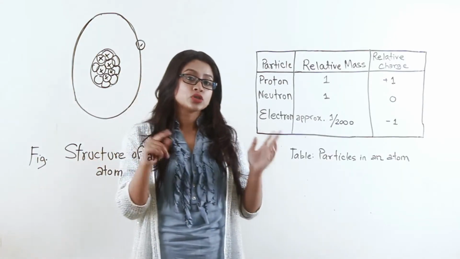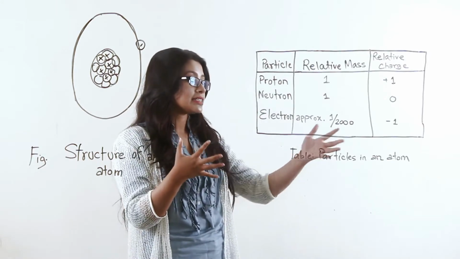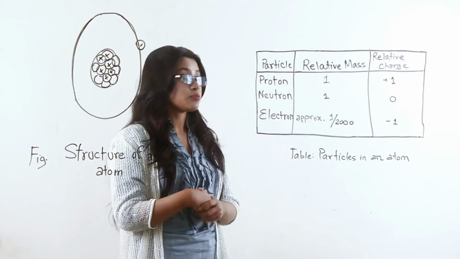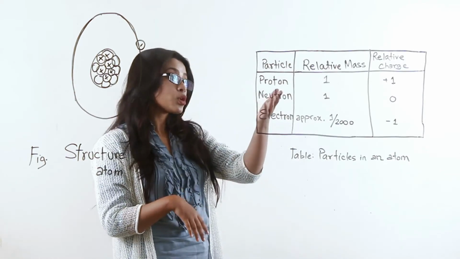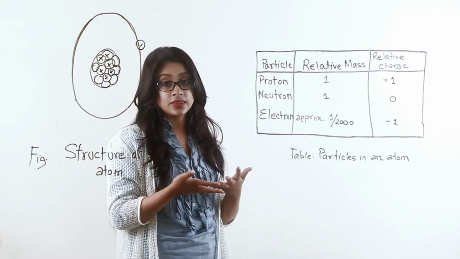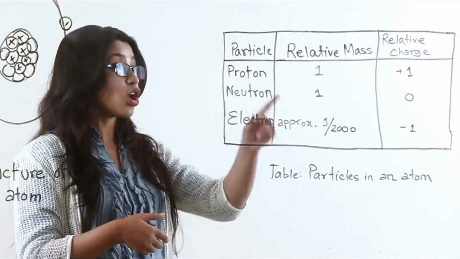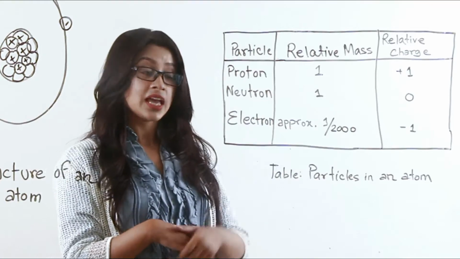And then if you shift your focus to this table, you can see that these are the particles in an atom, and you can see the relative mass and the relative charge of each of these particles. See, the proton, which, as we know, resides in the nucleus of an atom, has a relative mass of 1 and a relative charge of positive 1.